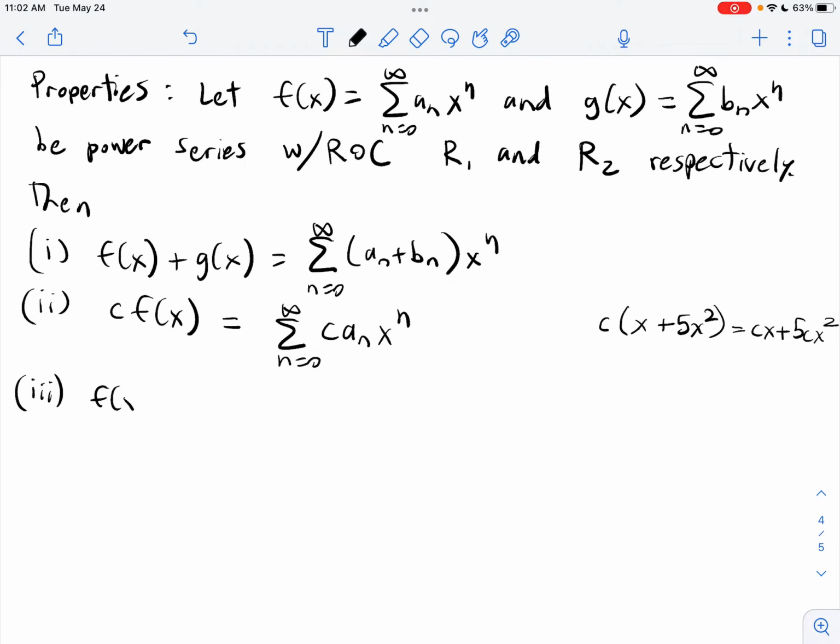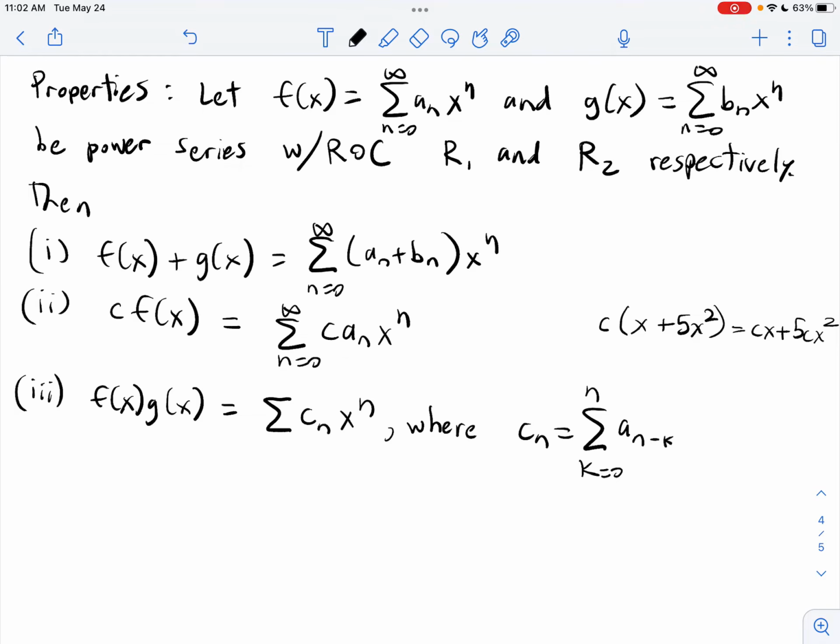Third fact. This one's a little trickier to conceptualize, but this is how you multiply 2 power series. When you multiply 2 power series, you end up with a new c_n, and the way that you get c_n is you add together all possibilities of the following products.